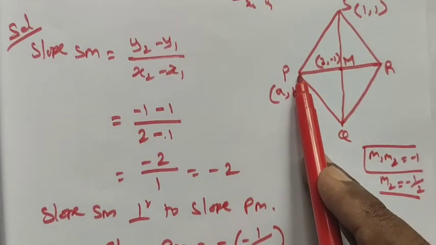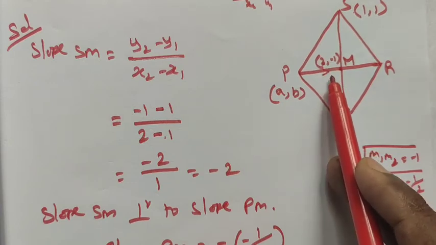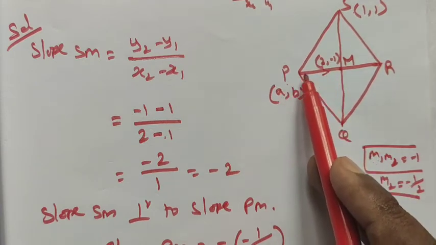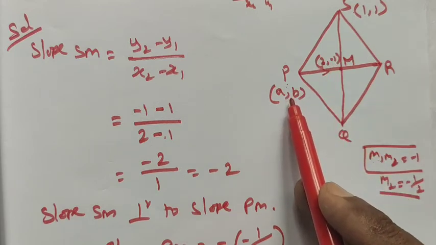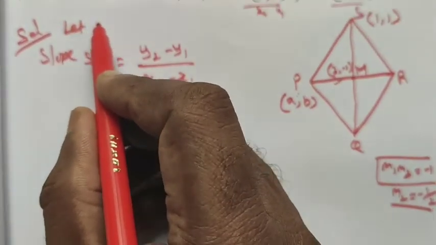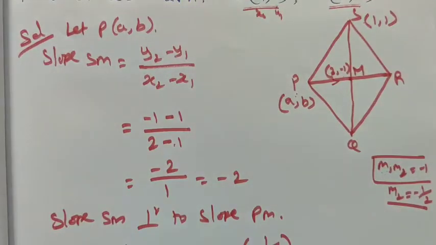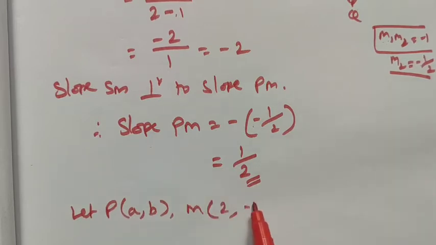Now the slope of this line is known, right? The slope of this PM line is 1/2. Now the P and the M points are given. Let me take P as (A, B), right? By using the slope, let P be (A, B) and the M point is (2, -1).